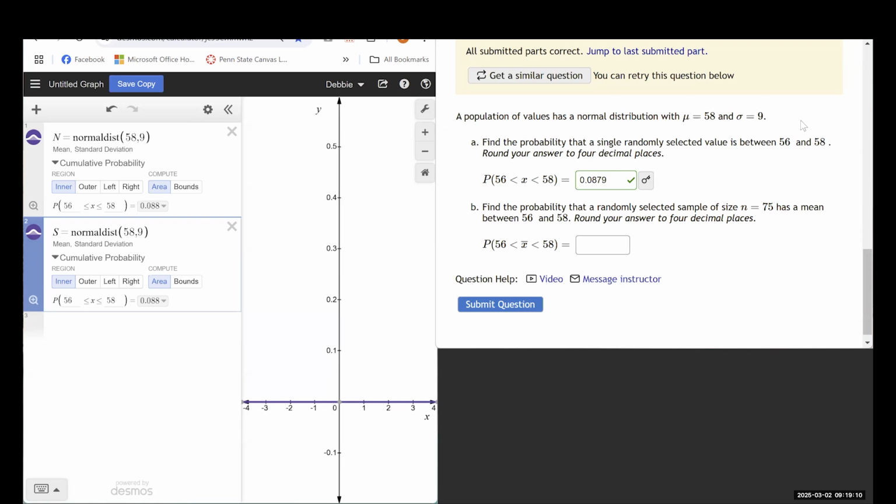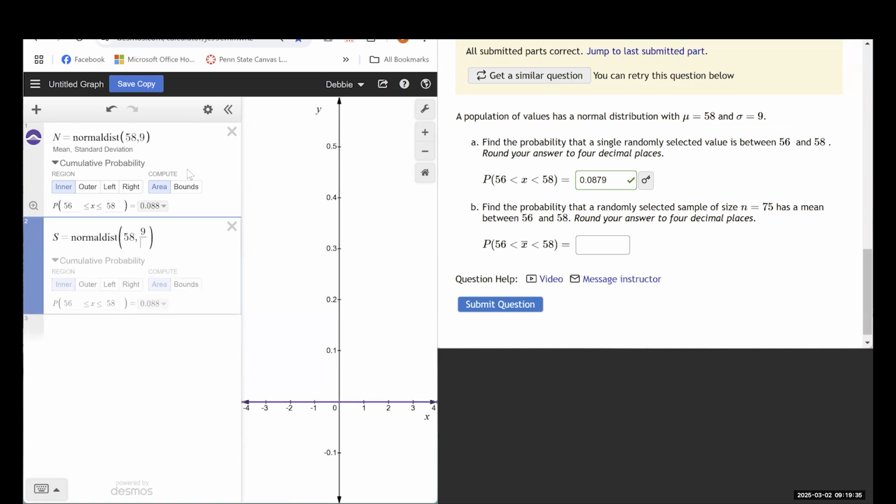So we check either box here. So we know the sampling distribution is normally distributed, and the mean of the sampling distribution by the central limit theorem is the mean of the underlying distribution. So I'm not going to change that. The mean is still 58, but the standard deviation is much smaller for the sampling distribution with a sample size of 75.